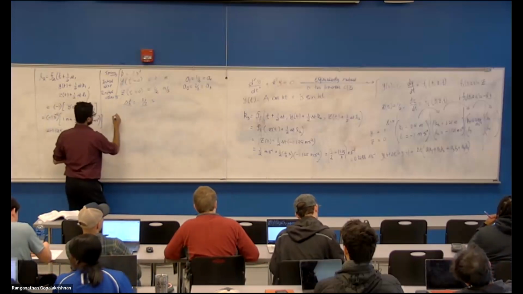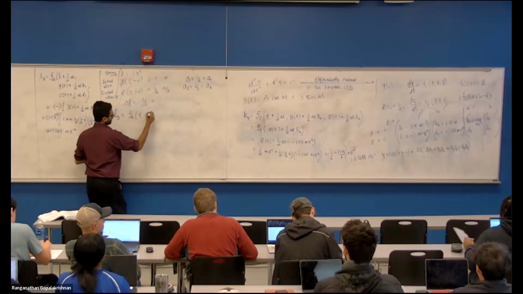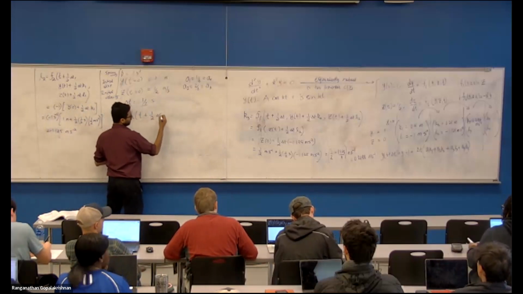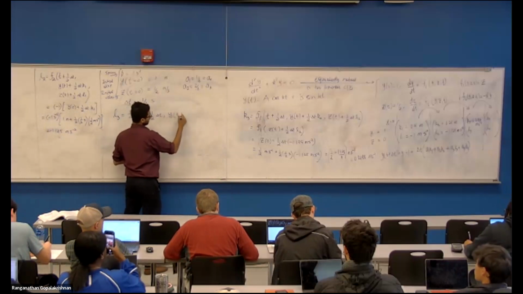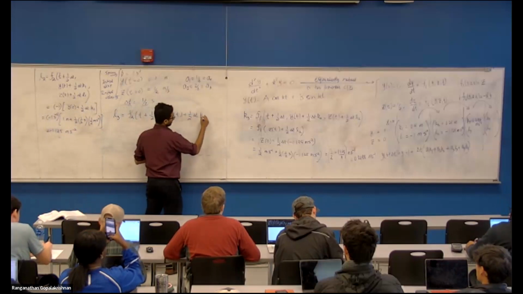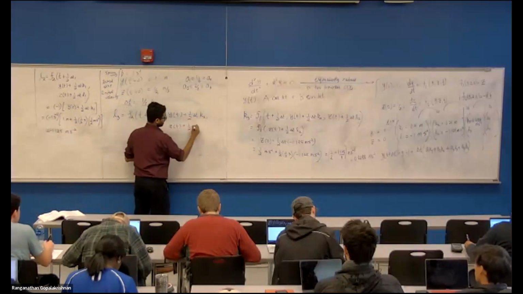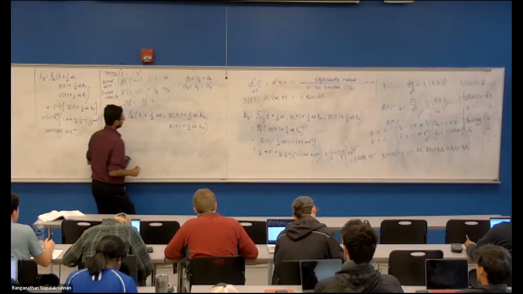All right, L3 is the function f2 evaluated at t plus half delta t, the function y of t plus half delta t multiplied by k2, and z of t plus half delta t multiplied by L2.